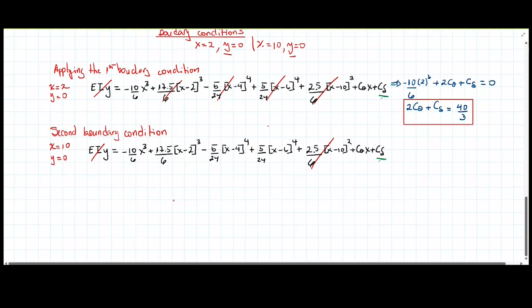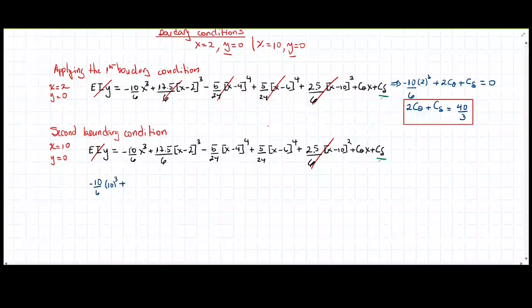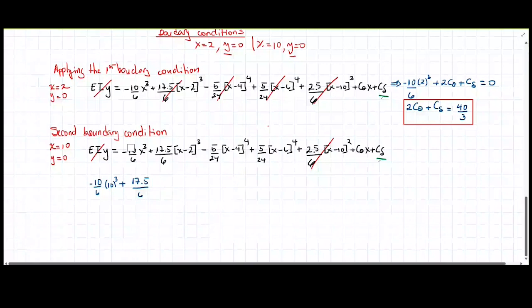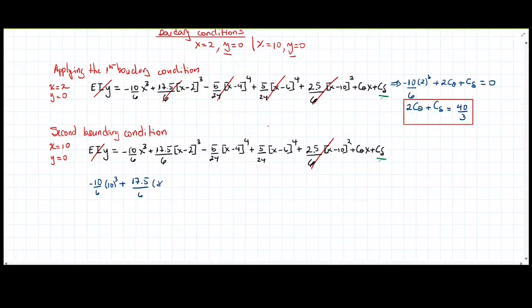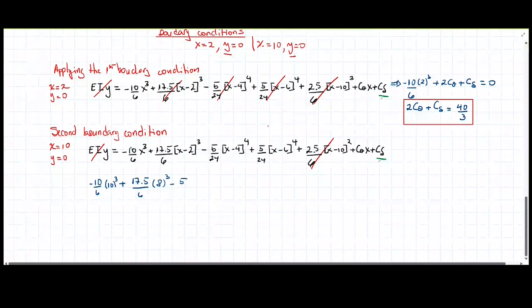Now I can substitute everything, and that would be, marking it in blue, minus 10 divided by 6, 10 to the power of 3, plus then x, actually 10 minus 2, that's going to give me 8 to the power of 3, minus 5 divided by 24, 10 minus, this is 6 to the power of 4, plus this term here.